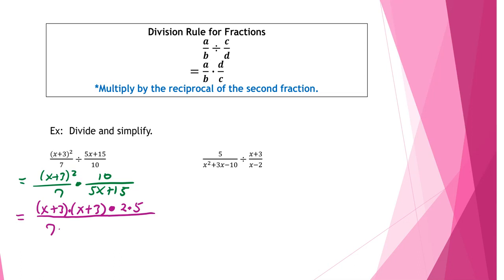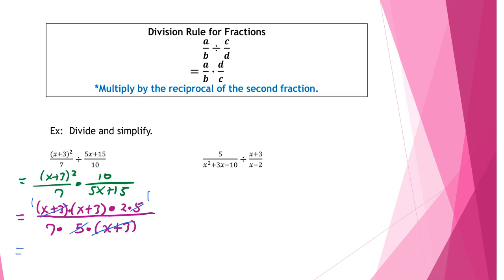In the bottom I have 7 multiplying with 5x plus 15 has a greatest common factor of 5. And then I'm going to get x plus 3 there. So I have 3 factors in the denominator. So now I can divide out. I have a common factor of x plus 3, and I have a common factor of 5.